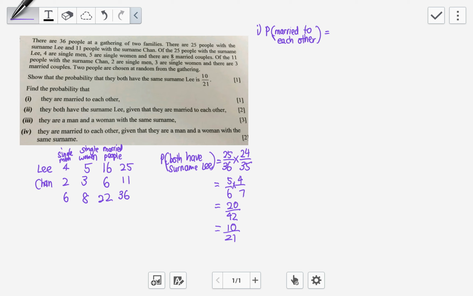So the number of ways to choose a couple is how many couples are there altogether. There are 11 couples altogether. So out of the 11, we choose one couple. This is the number of ways to choose a couple, over the total number of ways to choose 2 people.